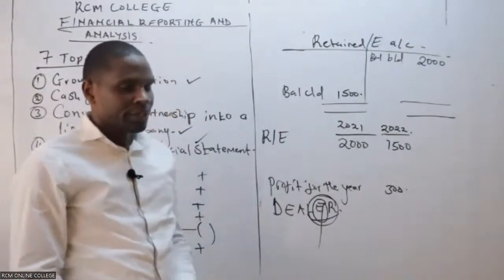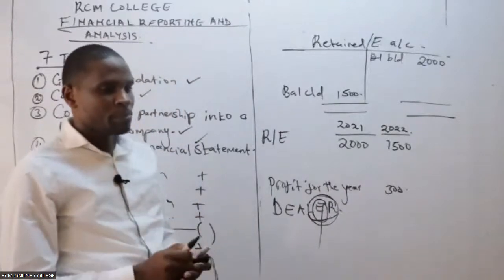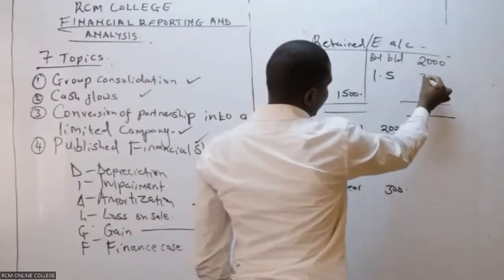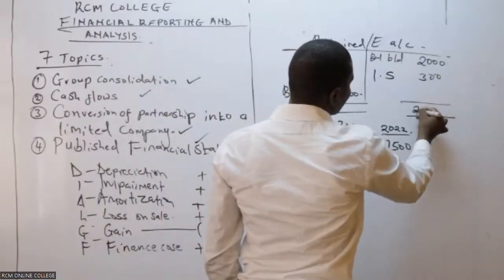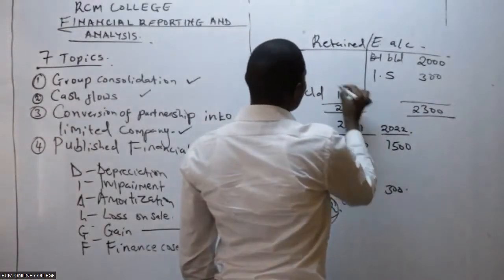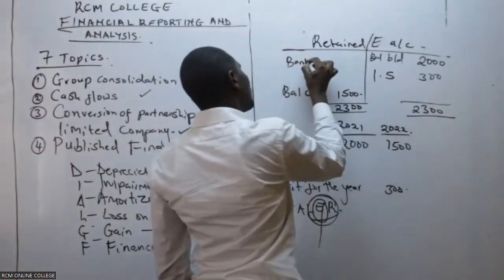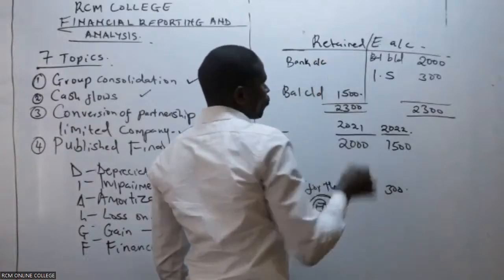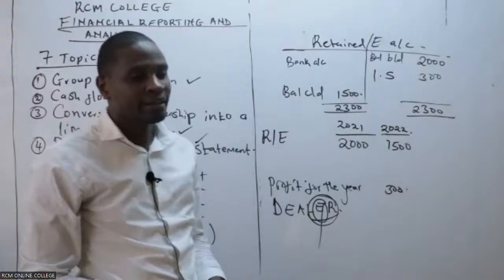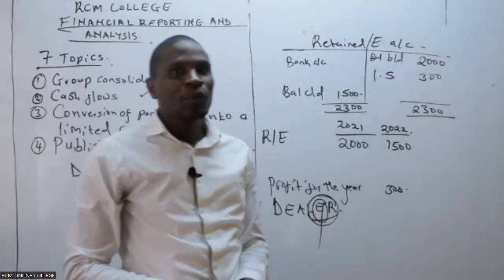Where do we take it? Is it credited or debited? Credited, exactly. The income statement comes to help us with 300, and then we have balanced the account, 2,300, 2,300, and now bank. Whatever goes to the bank account is what was paid, and it is the dividend paid. As simple as that.